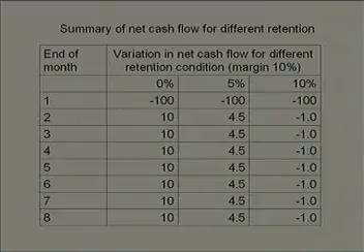So, basically this table is showing you month wise cash flow for 3 conditions. When there is 0% retention, column 2, when there is 5% retention, column 3, and when there is 10% retention, last column.